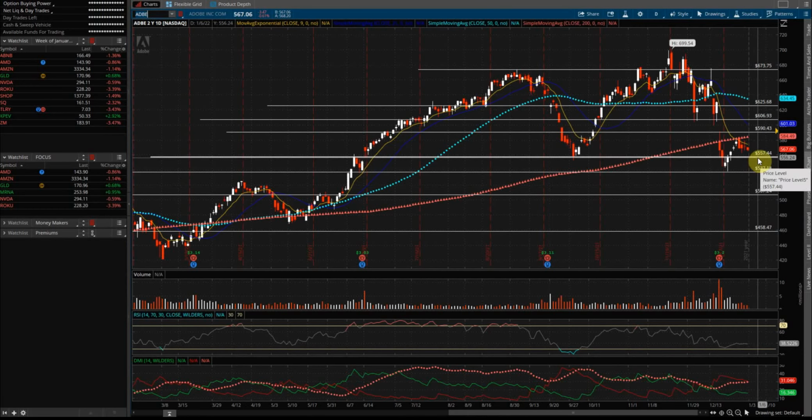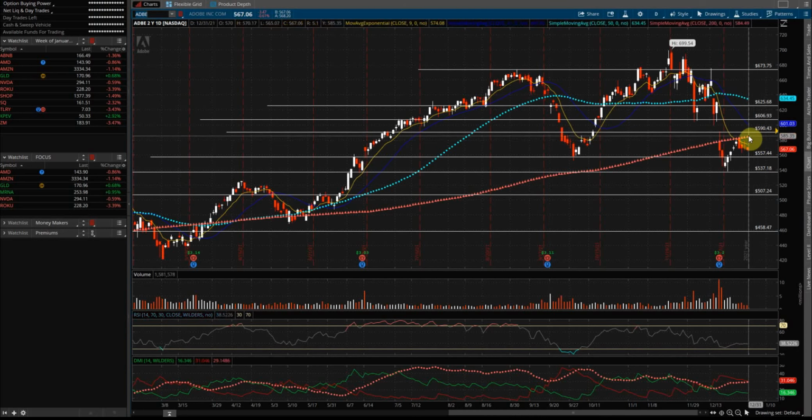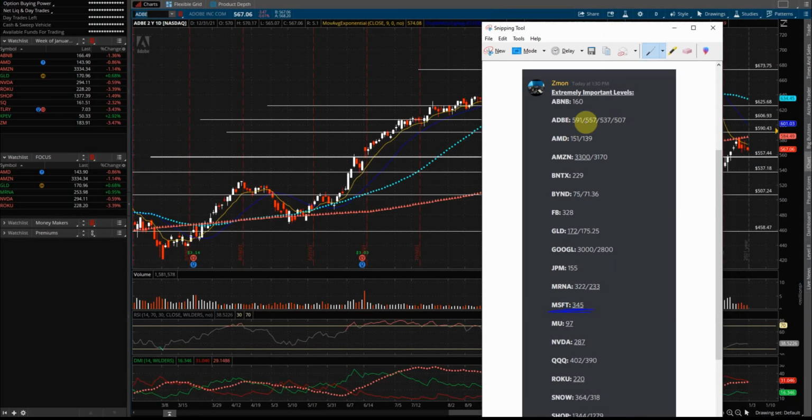But it could also tank under that. So if it gets under 557, it can easily tank. And then the 590 level, if it gets up to 590, it could bounce off and close lower. Or if it gets over 591, it can rip higher. So those are two of the major levels for Adobe: 591, 557.